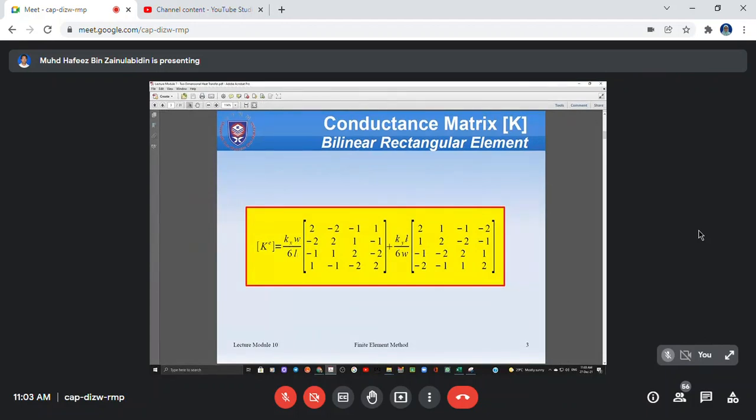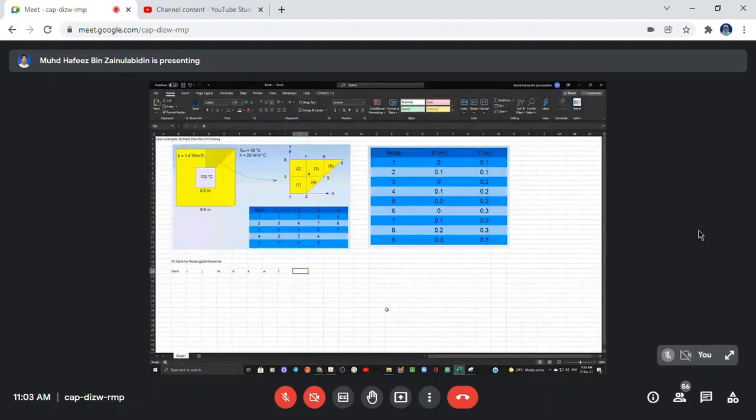The next one is KL over 6W. KW over 6L. The next one is KL over 6W.